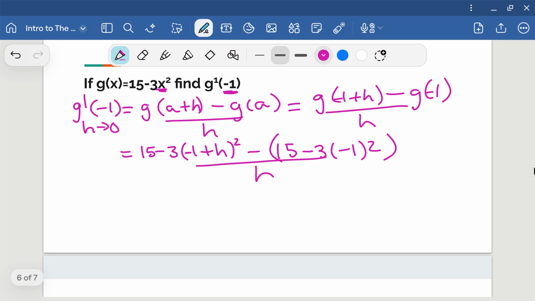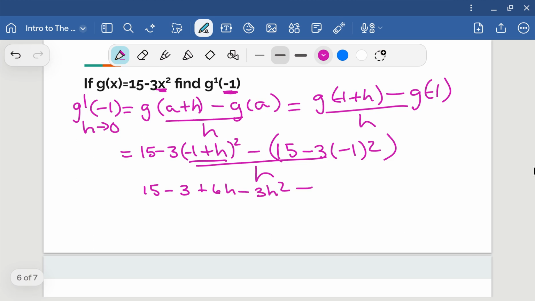So we want to expand this all out. On this first part, I'm just going to expand this, multiply by 3, and then subtract it from 15. So this part will simplify to 15 minus 3 plus 6h minus 3h squared.